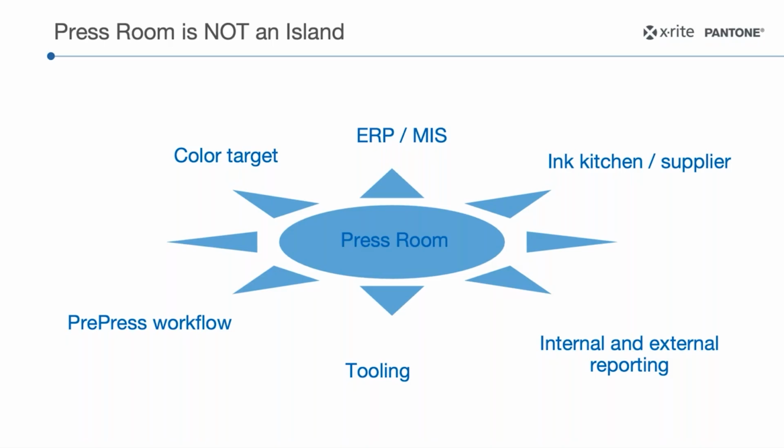You have connections to tooling companies to make your plates and your cylinders. So a press room is not an island on its own. Therefore, the press side monitoring tool that you want to use, like MeasureColor, should be integratable in your existing workflow. And that is exactly what MeasureColor can do for you.